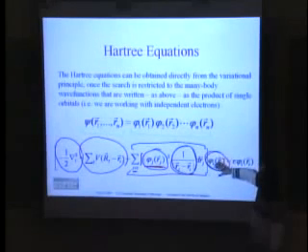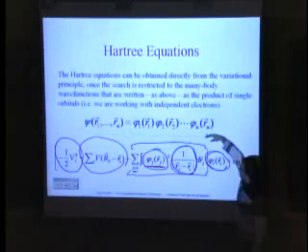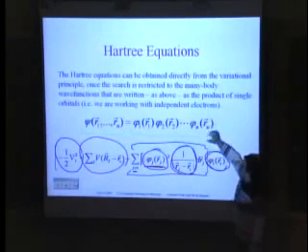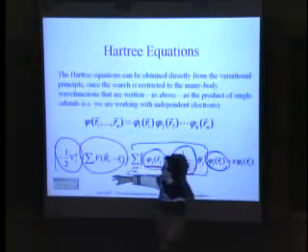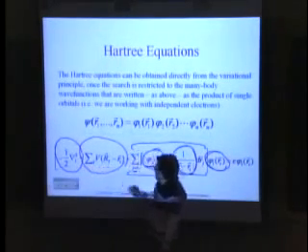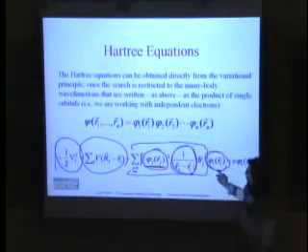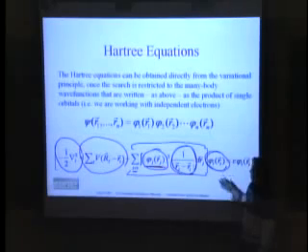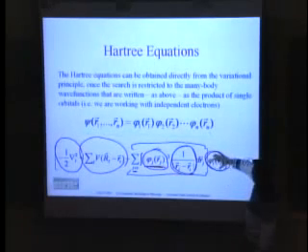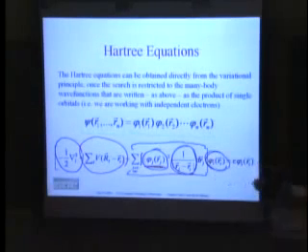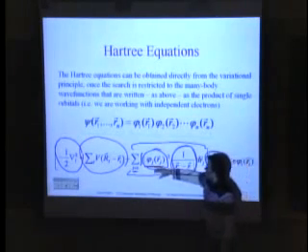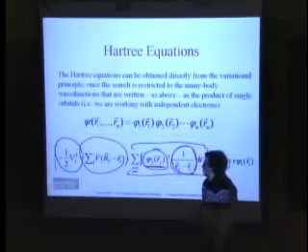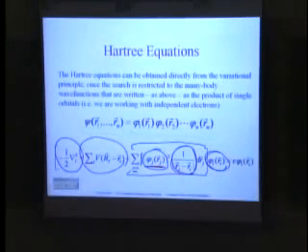Those differential equations, which, as I said, have been obtained formally just by applying this ansatz to the variational principle, are in the form of a Schrödinger-like equation with a kinetic energy, an attractive potential, and now only a mean field interaction between the electrons, because electron I doesn't instantaneously need to know what each and every other electron does, but only interacts with the average charge density distribution given by the square modulus of phi j.